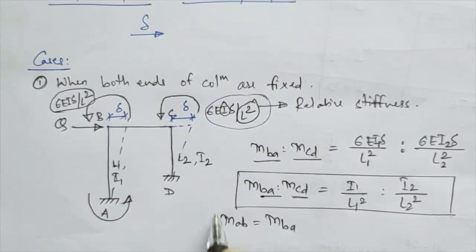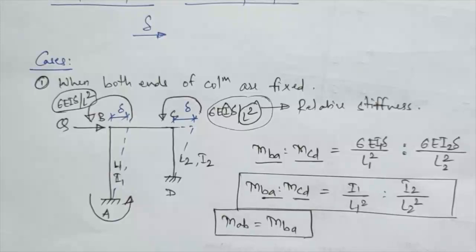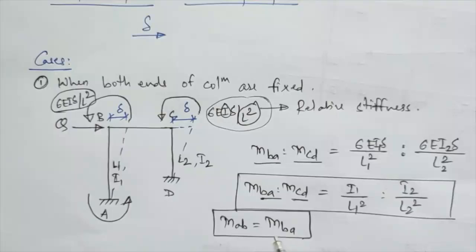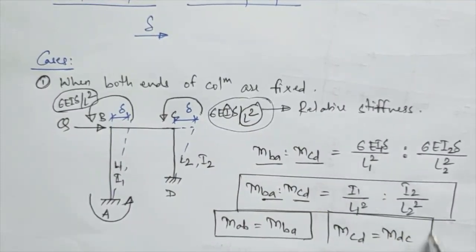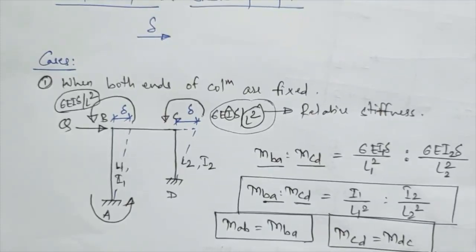So the first thing I am writing is that your MAB value will be equal to MBA value. In the same way, for the second column, MCD will be equal to MDC. So these three major things you have to remember.